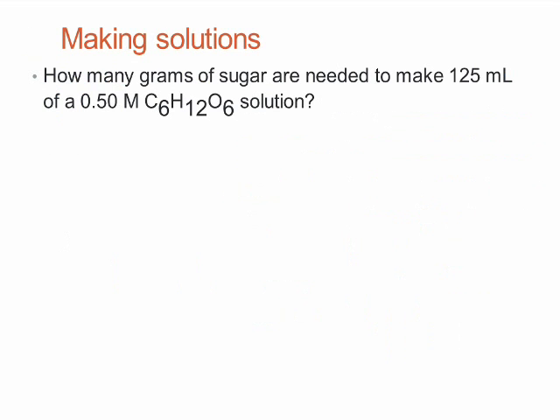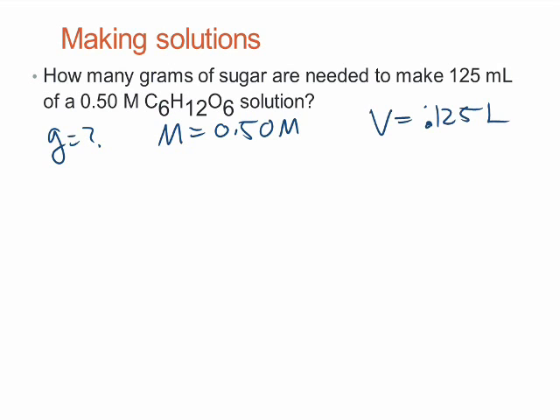How many grams of sugar are needed to make 125 milliliters of a 0.5 molar C6H12O6 solution? We want grams. We have the molarity at 0.50, and our volume is 0.125 liters.